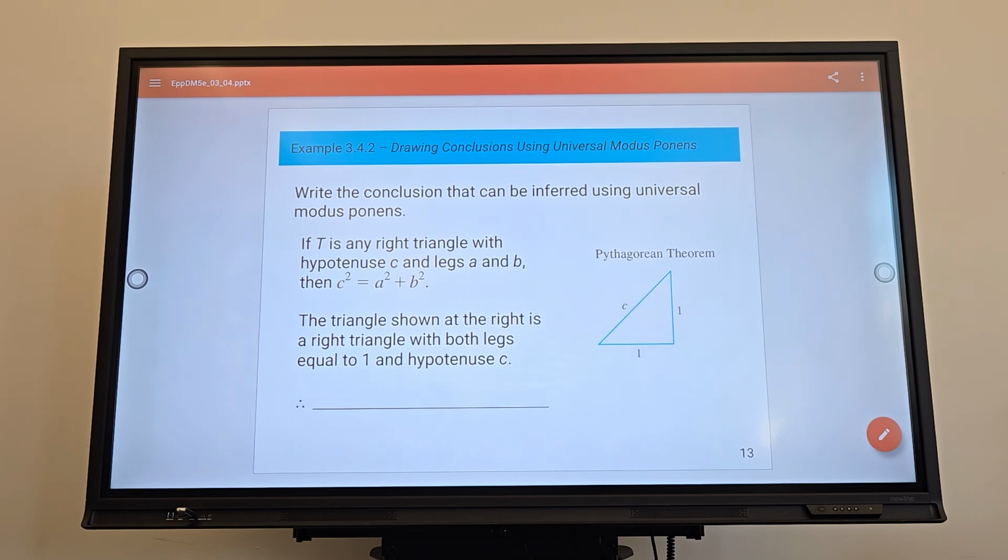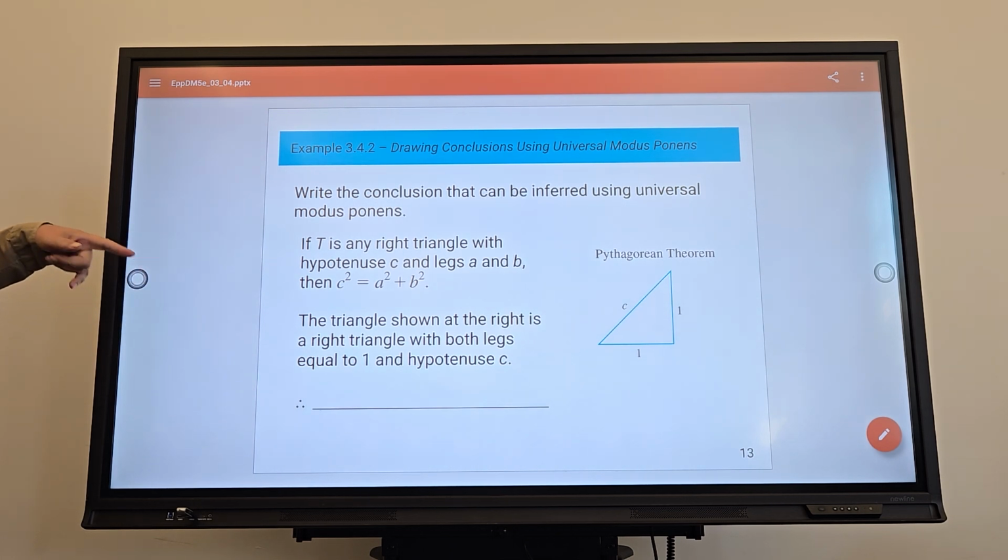Write the conclusion that can be inferred using the universal modus ponens. The triangle shown on the right is a right triangle with both legs equal to 1 and a hypotenuse c. Right triangle, yeah.